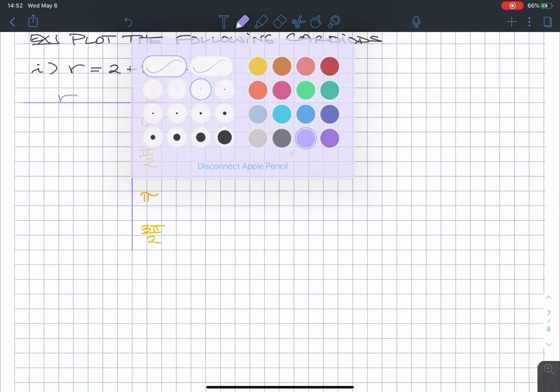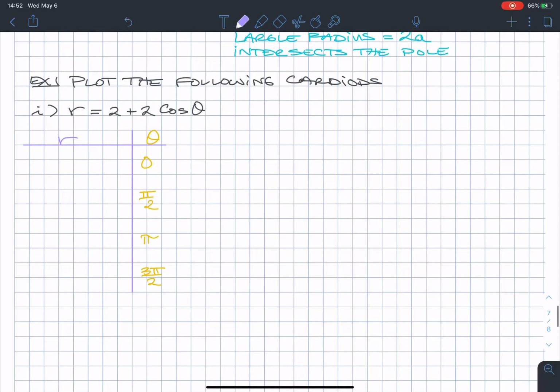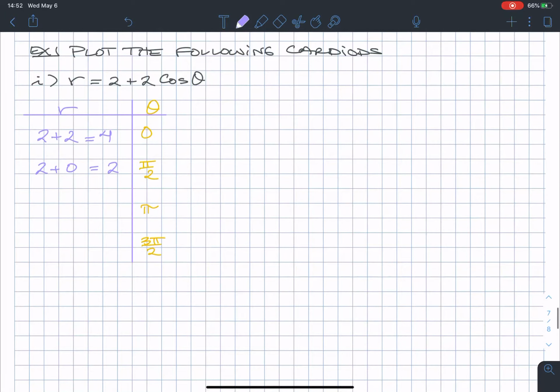Okay, so in the first case, at 0, this will be radius is 2 plus 2, which is 4. In the second case, radius is 2 plus 0, which is 2. In the third case, radius is, actually let me put this along the same lines, I think that'd be easier.